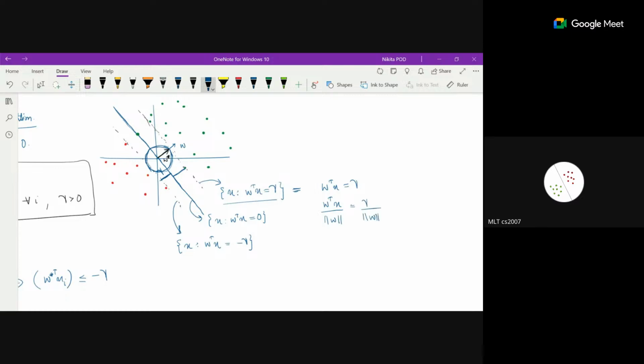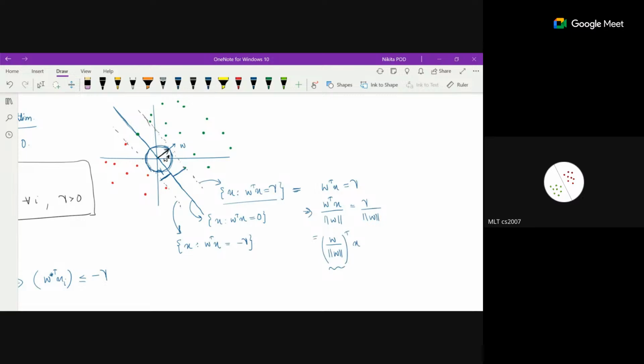The vector that we will be left with is w by norm of w, which is my w star that I have written here.